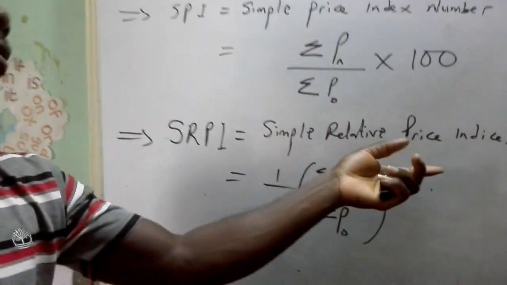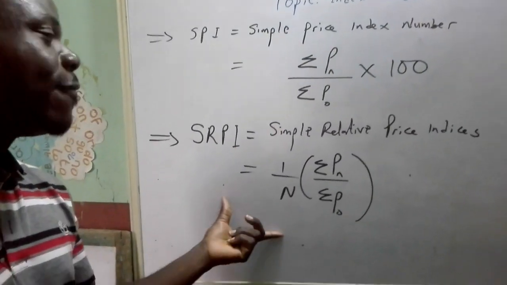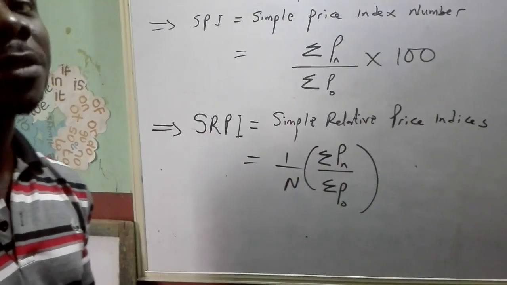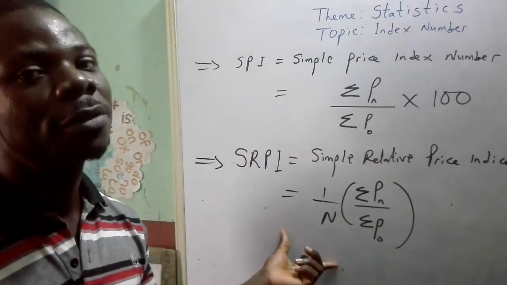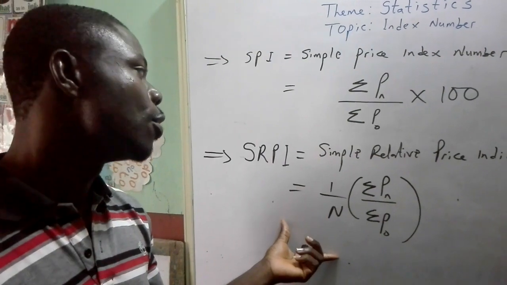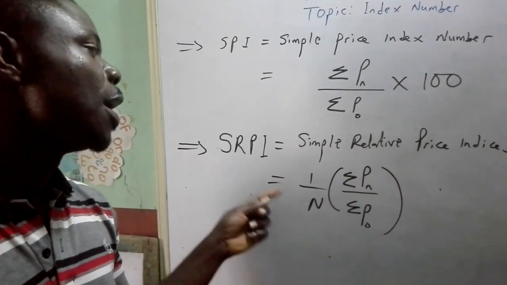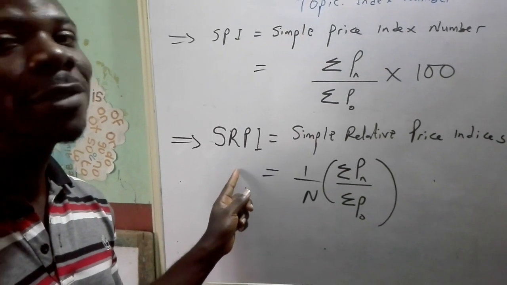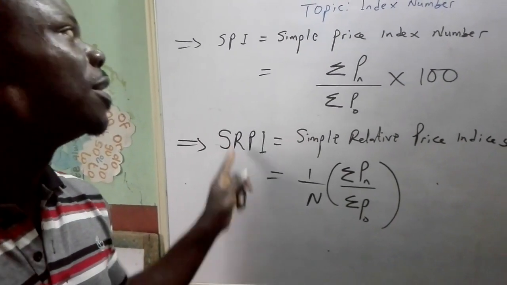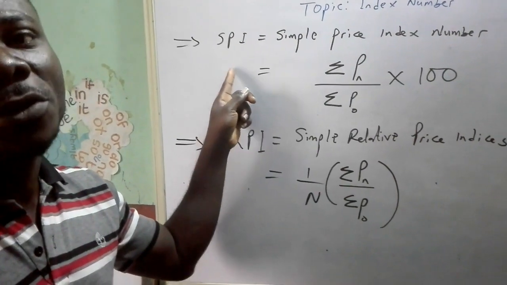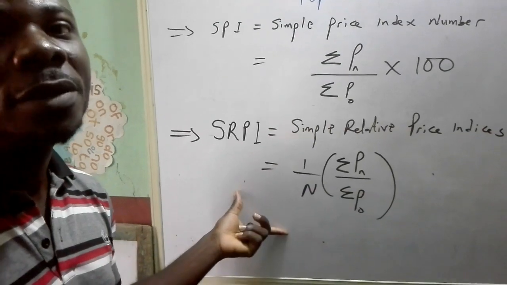This simple relative price indices is also called simple average relative price indices because it gives the average method of what is happening to the commodities. And this was designed to cater for the inadequacy of simple price index number being affected by units and extreme values.